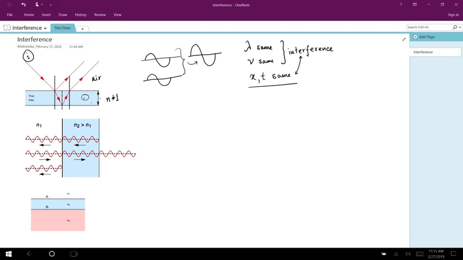All right, so what happens when light is incident at the surface? Well, first a part of it gets reflected and a part of it gets transmitted. Now this transmitted part is going to be incident again on a second surface, the interface between the material we're considering and some other material, and let's give it a name N2.